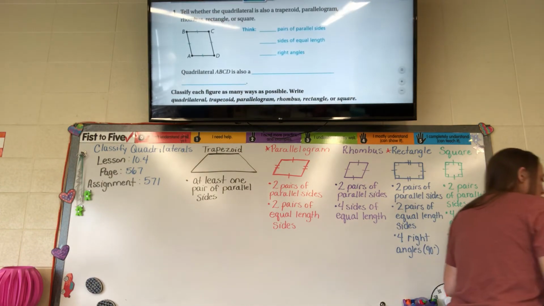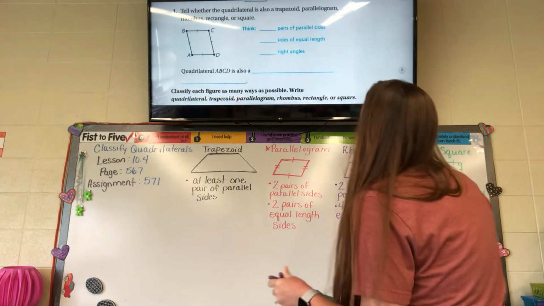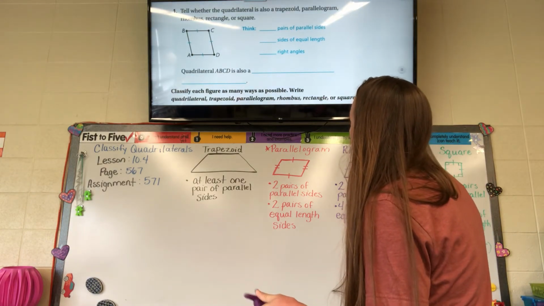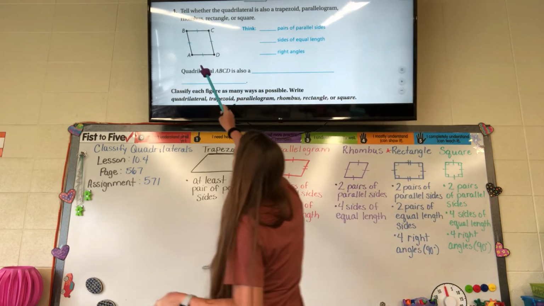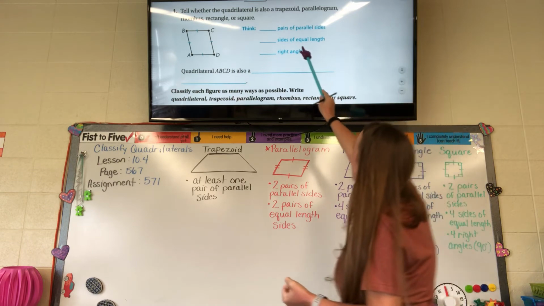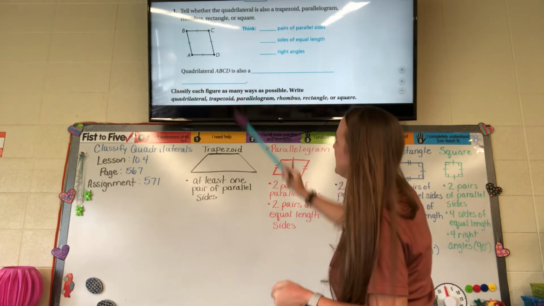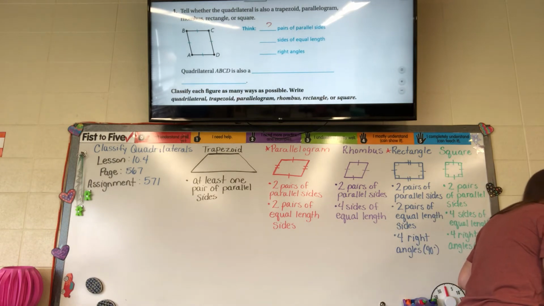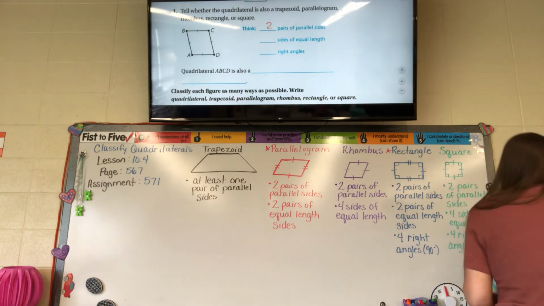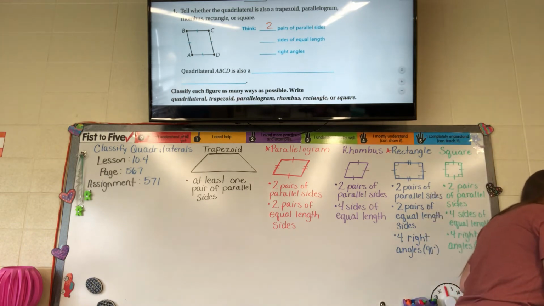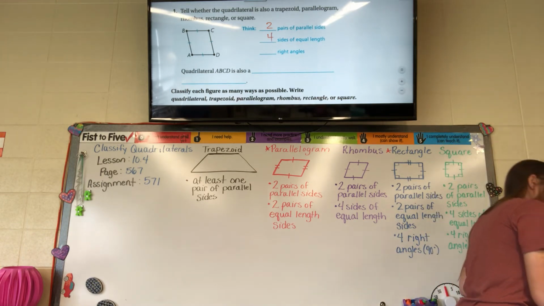Tell whether the quadrilateral is also a trapezoid, parallelogram, rhombus, rectangle, or square. Okay, so let's look at this quadrilateral, ABCD, and think, how many pairs of parallel sides does it have? It has two pairs of parallel sides. How many sides are equal length? It has four sides of equal length.